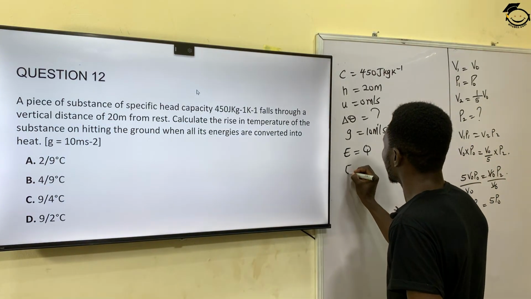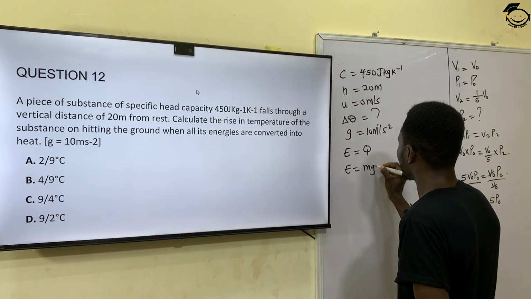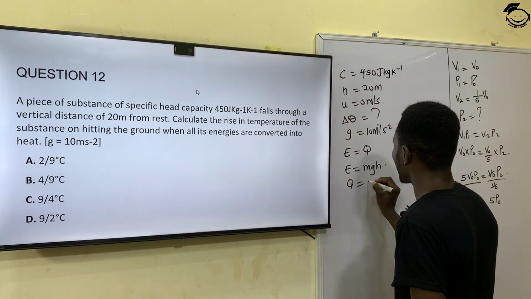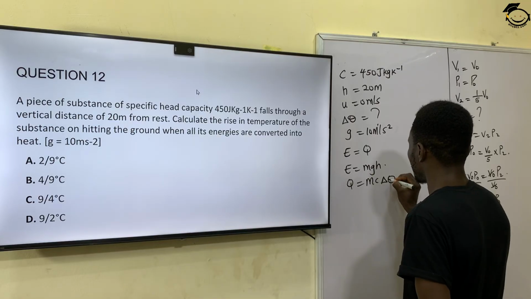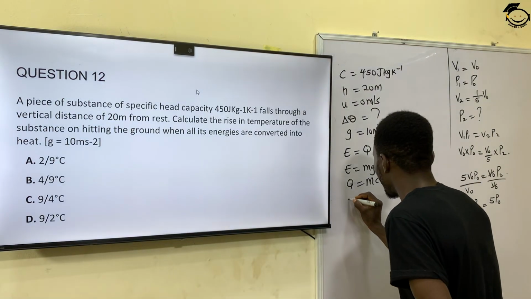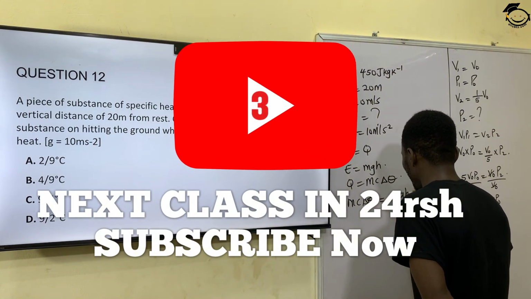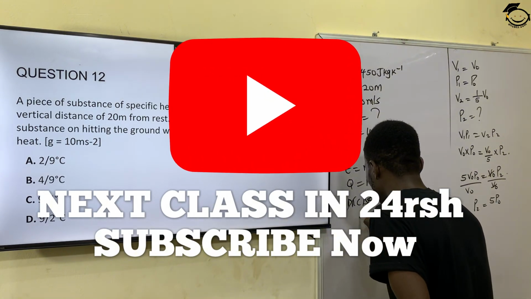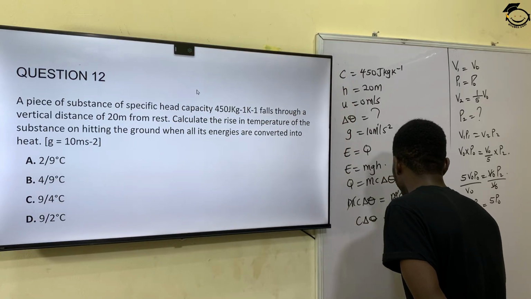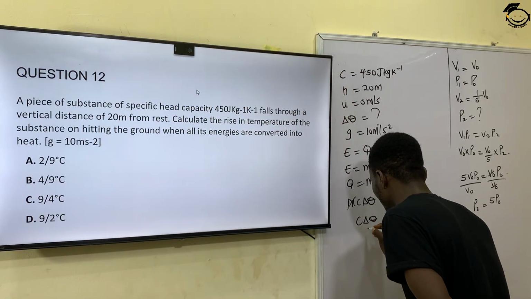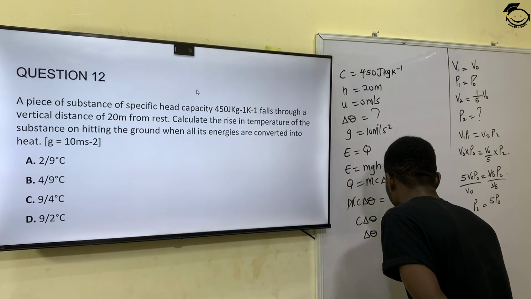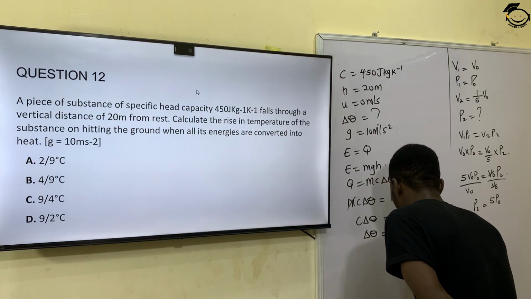So my energy is supposed to be mgh, and my quantity of heat is supposed to be mc change in theta. So this means that mc change in theta is equal to mgh. So m will cancel out m. This means that my c change in theta is equal to gh, which means that my change in theta is going to give me gh over c.